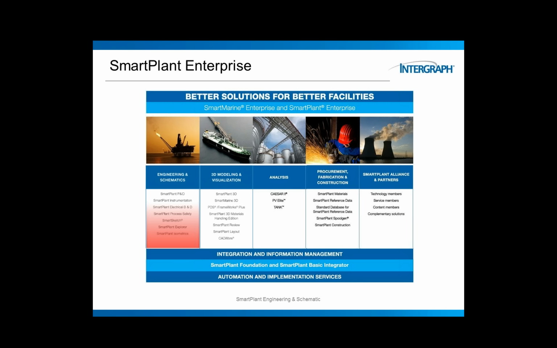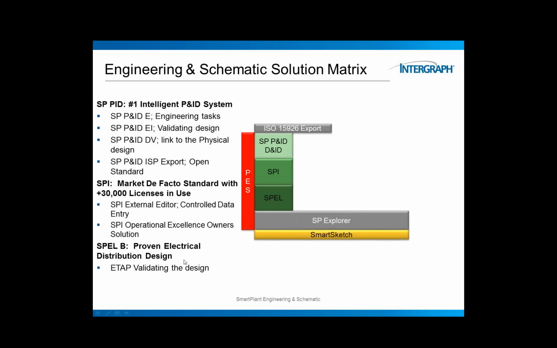I always show this slide because even though you can use SmartPlant Electrical perfectly well standalone and it offers a lot of value, the one-plus-one-is-three applies here: you can plug it into the enterprise environment and interface with other downstream solutions, like SmartPlant Instrumentation or SmartPlant 3D for cable management. Now the SmartPlant Engineering Schematic solution itself has three main products: the P&ID, Instrumentation, and the product of today's webinar, SmartPlant Electrical.